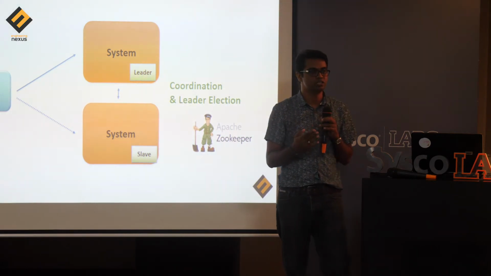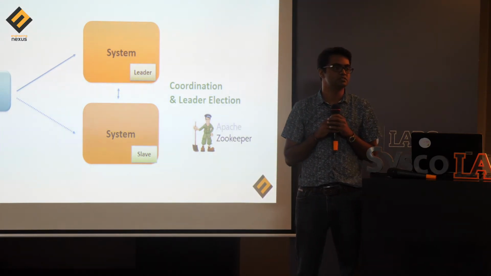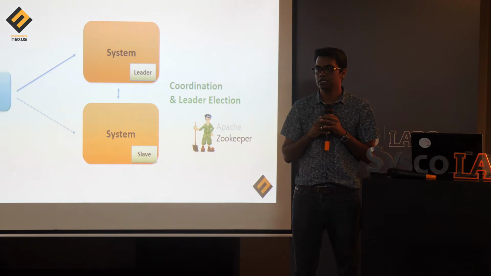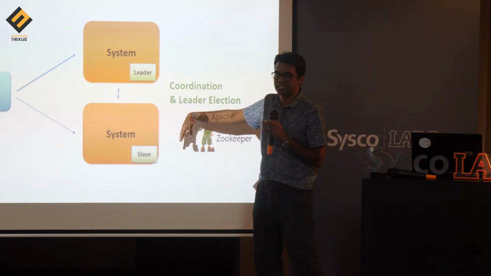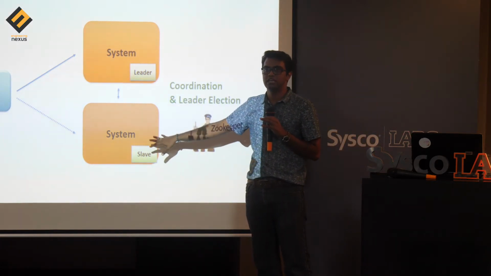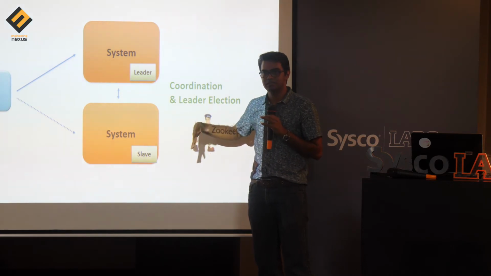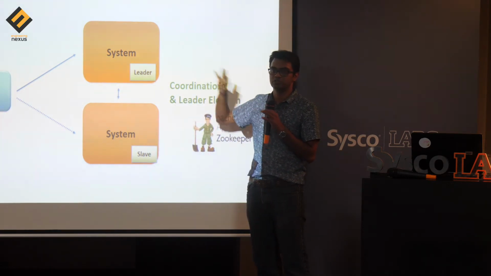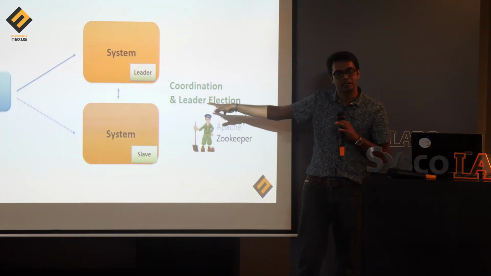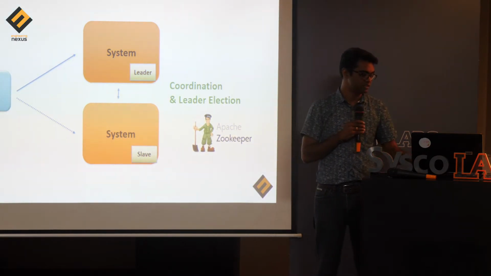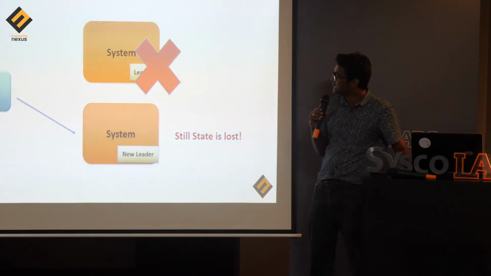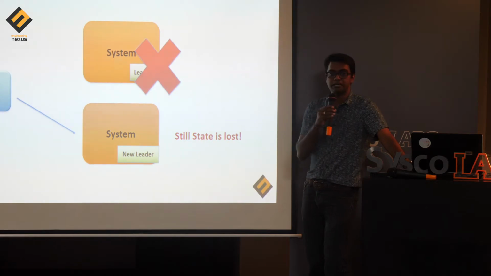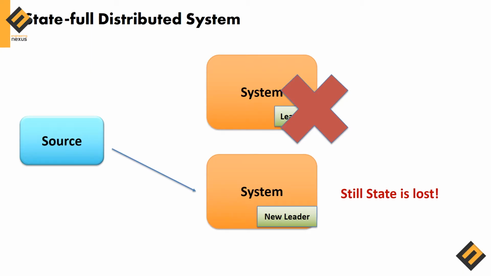If you take databases, when you deploy in HA mode, they work in this leader-slave mode. They let you read from the slave, but they only write to one node. That kind of architecture comes from this. If the leader goes down, the slave becomes the new leader and can perform the same task that it was doing.